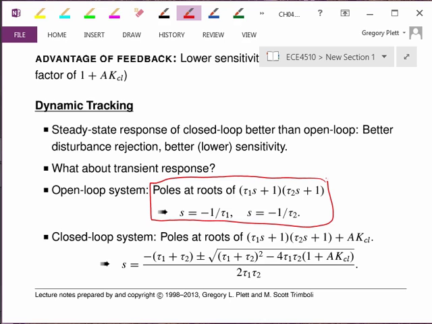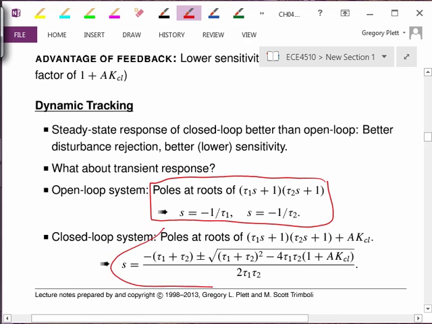We just designed that one gain factor to somehow tune the steady state response so that the error would be small. We also noted in the last section that when we employed feedback, the poles of the closed loop system were different, that they were the roots of this other equation, tau 1s plus 1 times tau 2s plus 1, plus A times KCL.